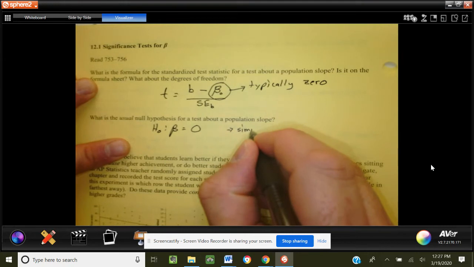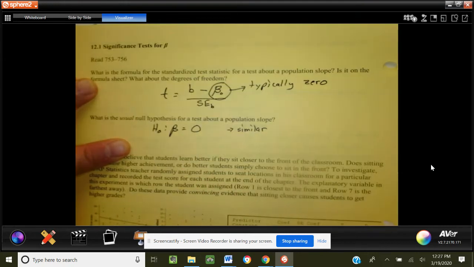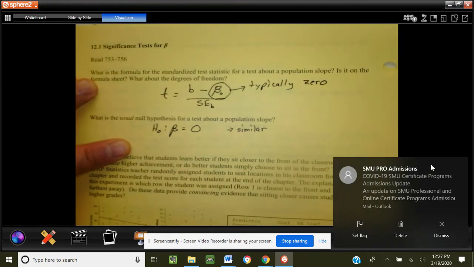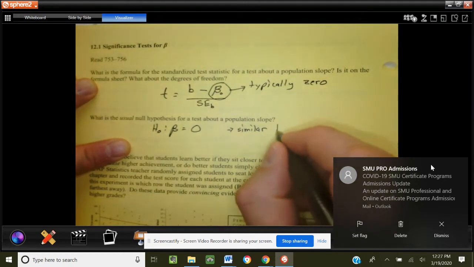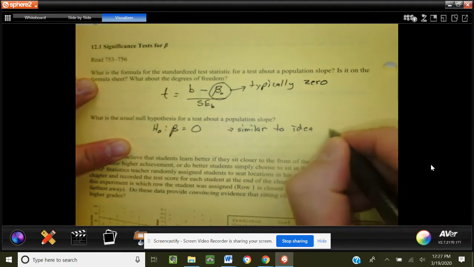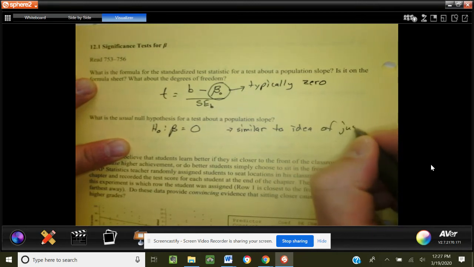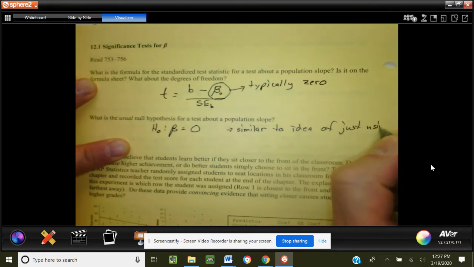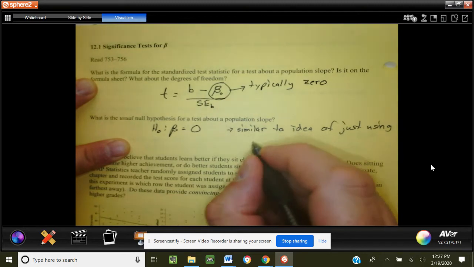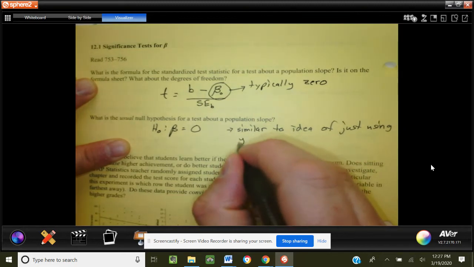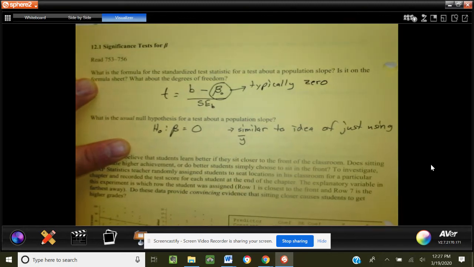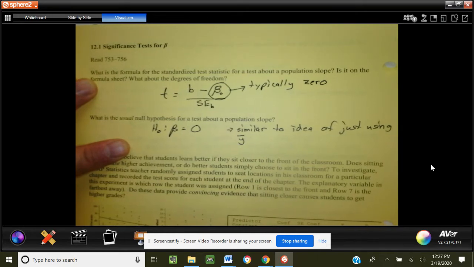If the slope is 0, and if you think way back to the candy grab activity, seems like months ago, maybe it was, that's similar to the idea of just using the mean of the y values. Remember we talked about, well, if we just predicted the number of candy you can grab from the mean of the candies grabbed, then that's one way to do it.